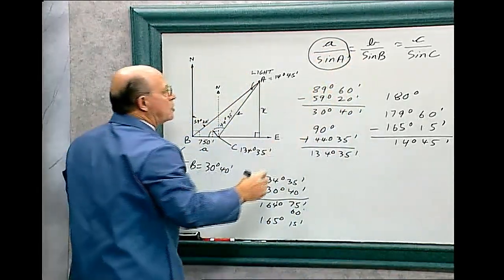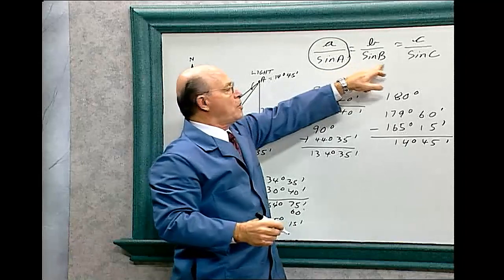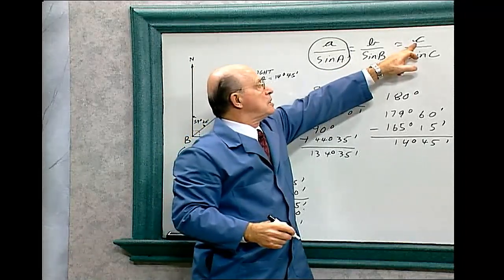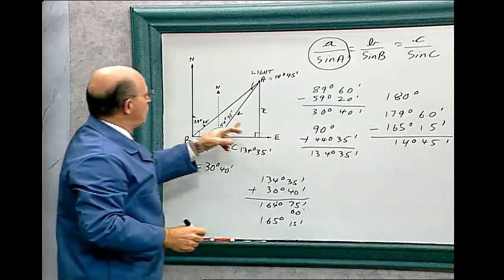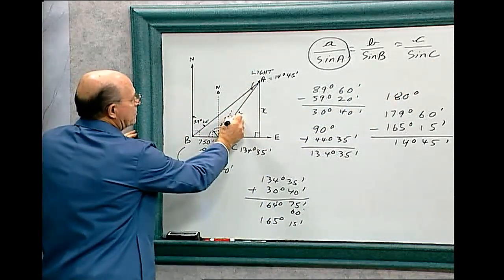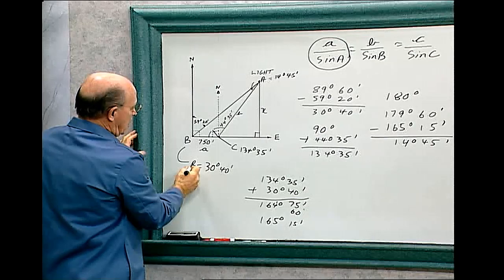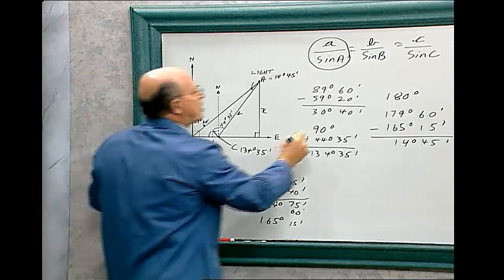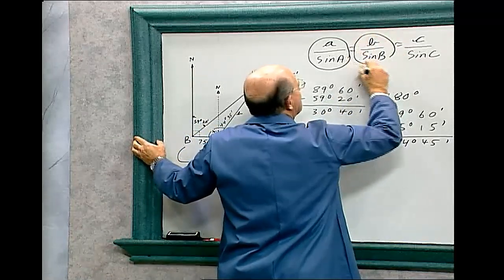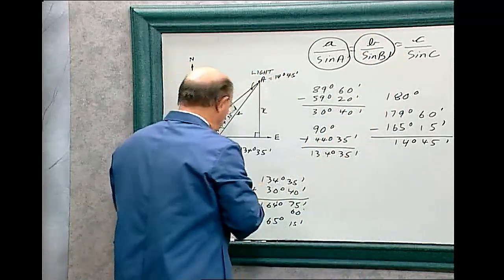Now which one do we want to use here, the B over sine B or the side C over sine C of the angle C? We want to find B, and we know angle B is 30 degrees 40 minutes, so we want to use this. So these are the two formulas we're going to use.